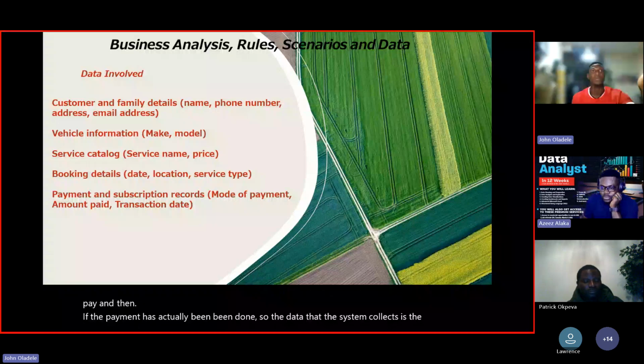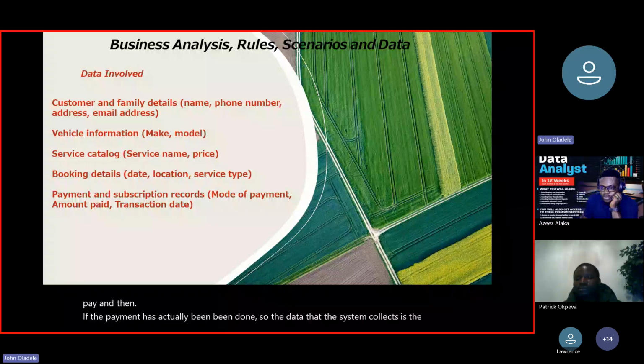We only see the business analysis rules and scenario. So I don't know if that is what you are talking about. So your slide is not moving. Can you see my screen now? Yeah, we can see your screen, but it is static from my side. I can't see your slide moving. You can stop your video. Maybe it's as a result of internet. You can stop your video and check it.